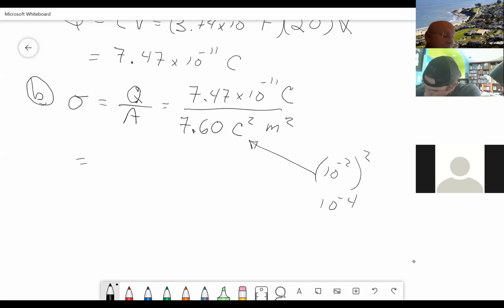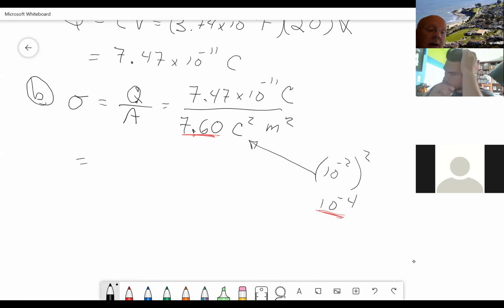So in my calculator, I'm going to put in the charge, which is already there from the last problem. And then I'm going to divide it by this number, which I'm going to write as 7.6 times 10 to the negative 4. And then I'll hit enter.